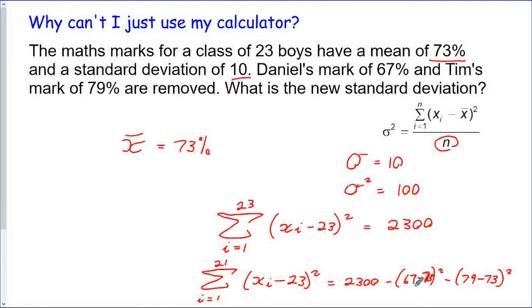This one comes to negative 6 squared, or 36, and this one comes to positive 6 squared. So we need to take 72 away from 2300, and that leaves us with 2281. Sorry, it doesn't at all. It leaves us with 2228. All right, 2228, but that I now need to divide by 21, the new value of n.